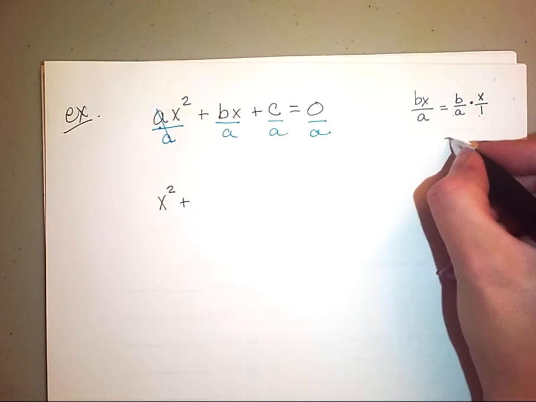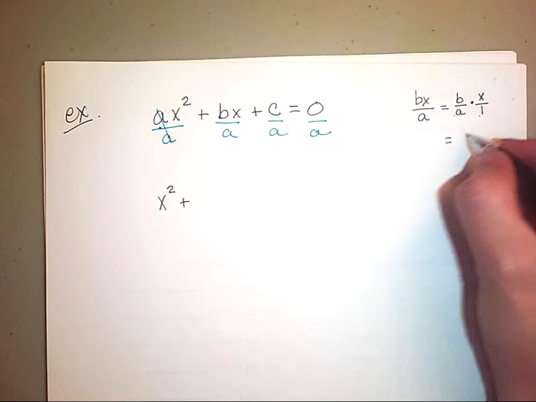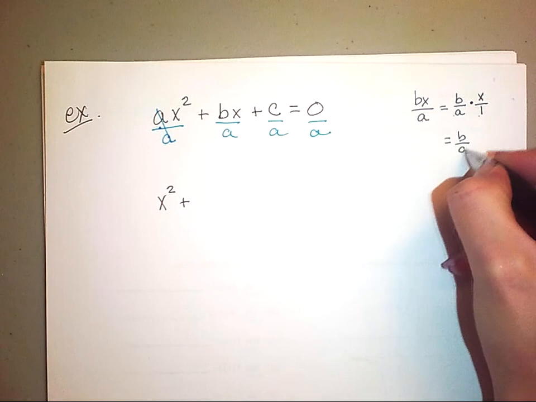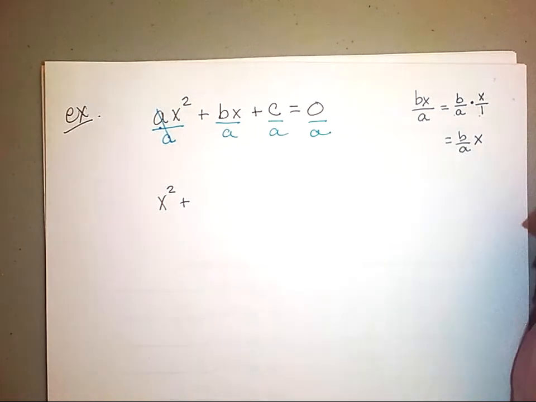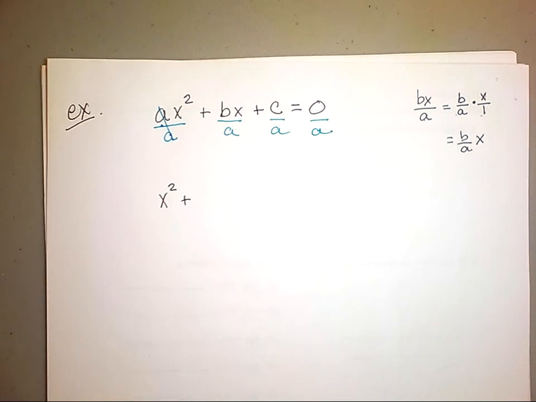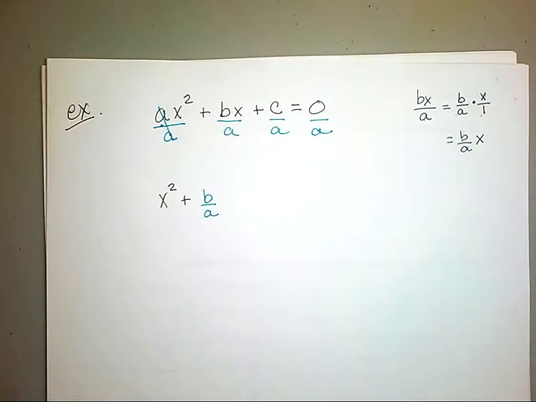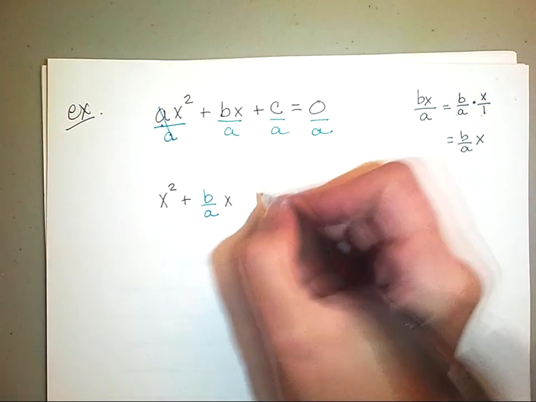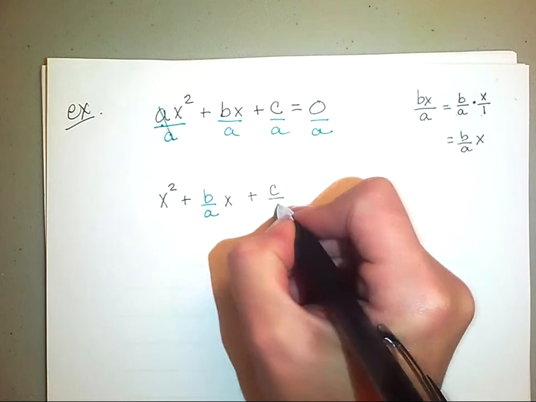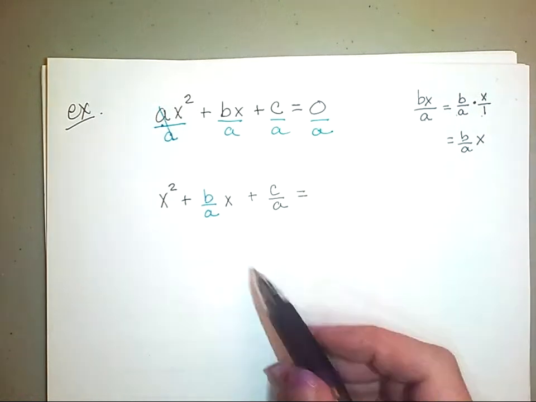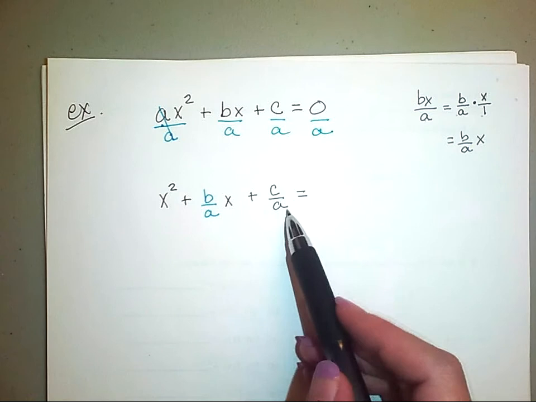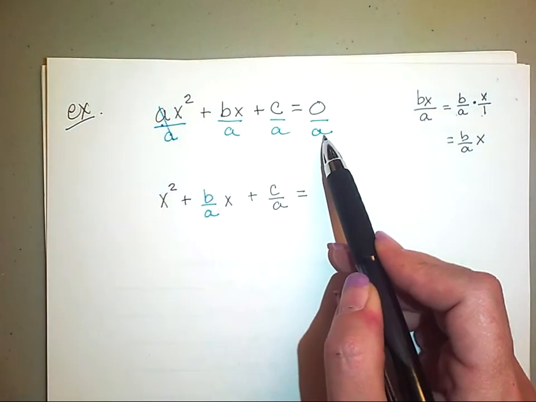Which means that we could write bx over a as just b over a times x, because x divided by 1 is just x. So what that means then is that the coefficient on x is b over a. And our constant term is just c over a. And 0 divided by anything but 0 is 0.